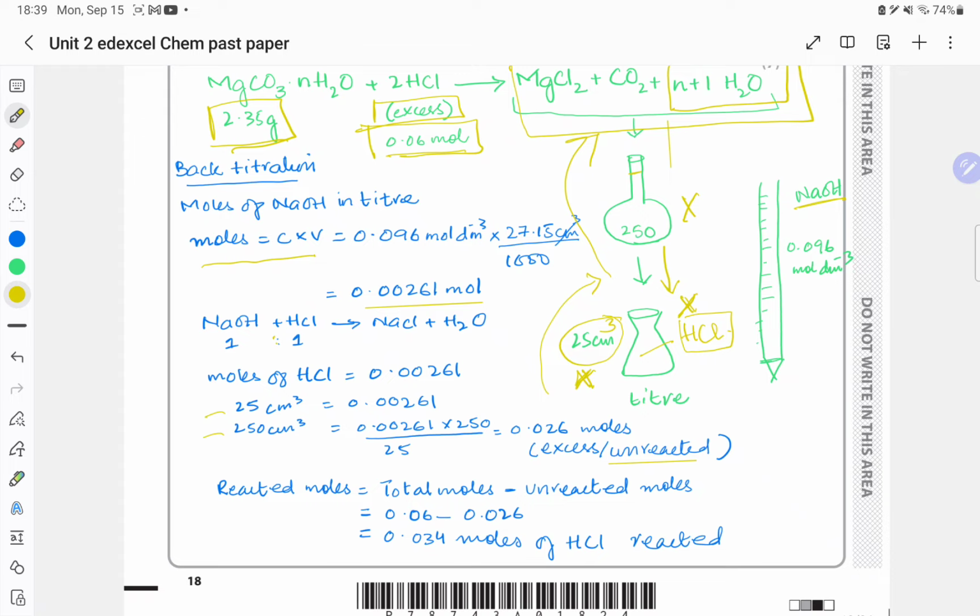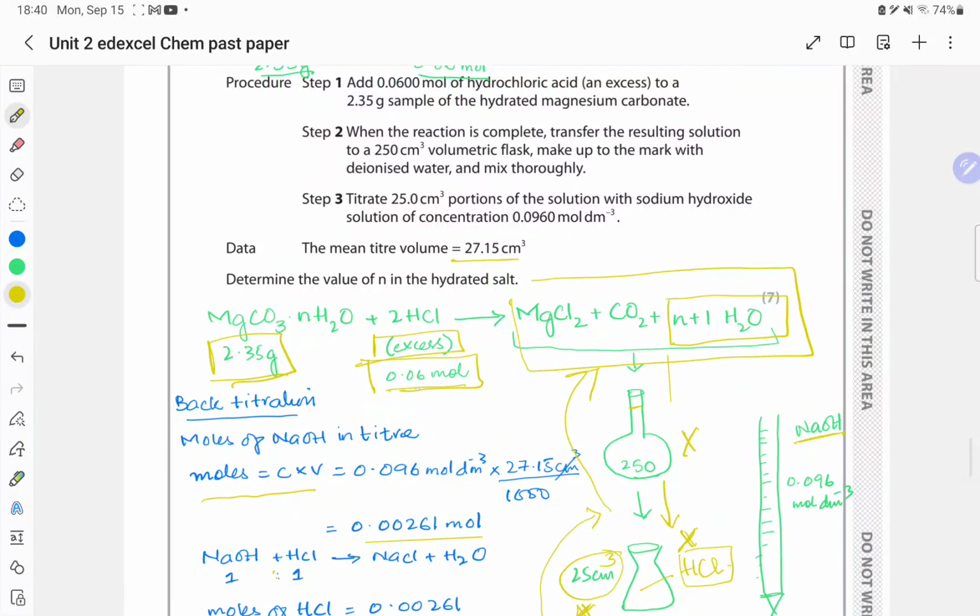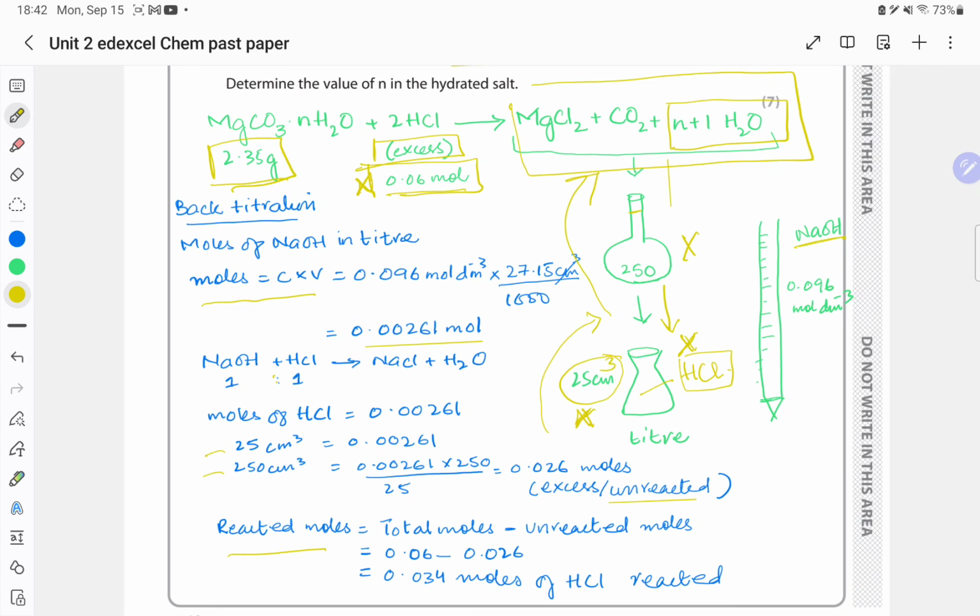Okay, now because we want to know the number of moles that reacted, reacted moles is equal to the total moles that were already given to us. You can see this is the total number of moles that's given. Now we have got the moles that are unreacted, and in order to find out the moles of the HCl that have reacted, we are going to subtract unreacted moles from total moles.